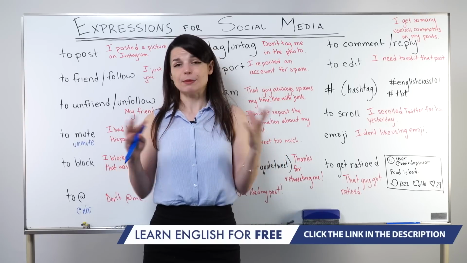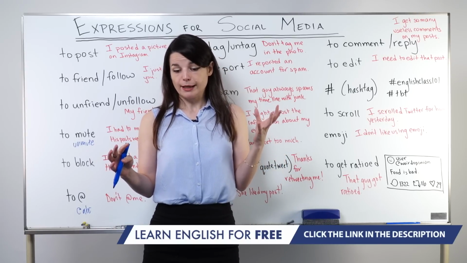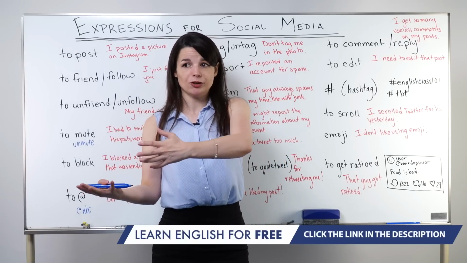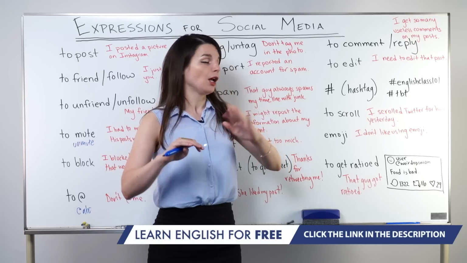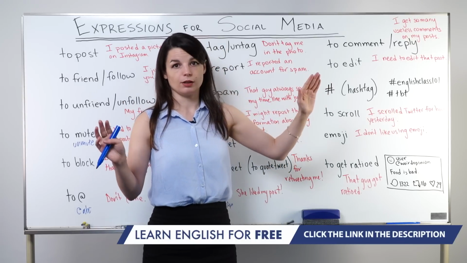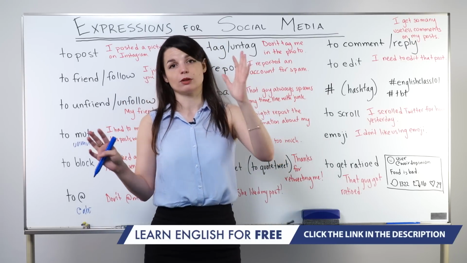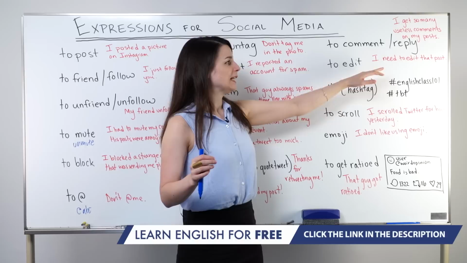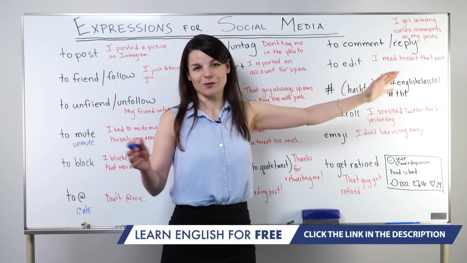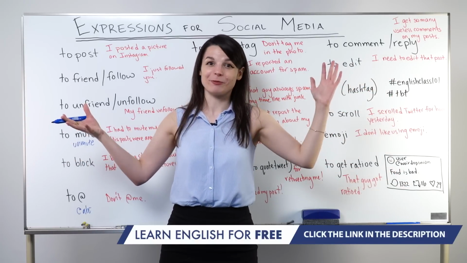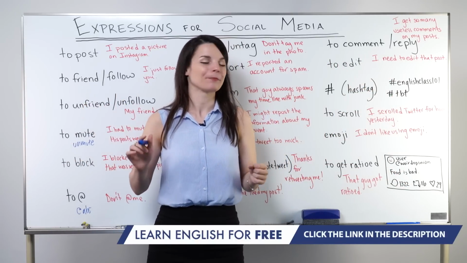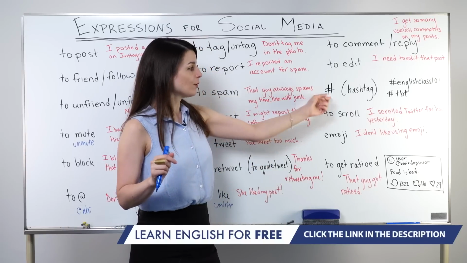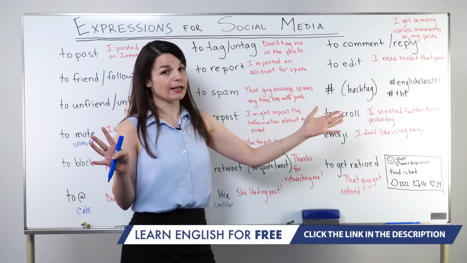If you find a mistake, or if you realize you need to share some more information or remove some information, you can edit your post. You can edit the text in your post, or remove a photo, or include a photo or something. For example, I need to edit that post. So you found a mistake or you're missing information. So to edit something.